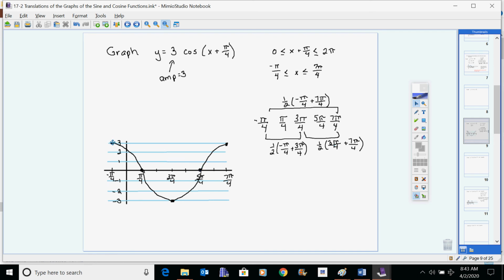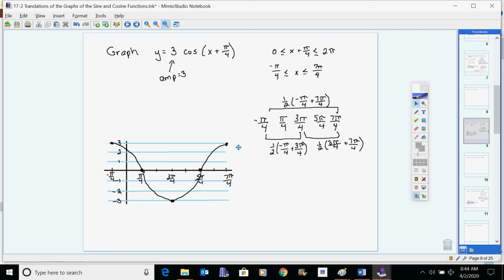For a cosine, you start at the top, you go down through this point, you go down to the bottom at this point, you turn it around, you come up, and then curve like this, making 100% sure that you do not make it go up like this.